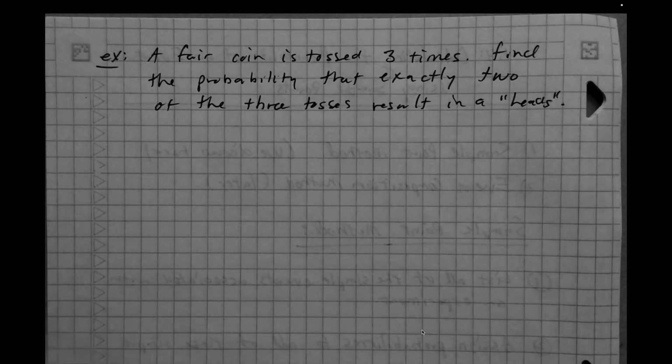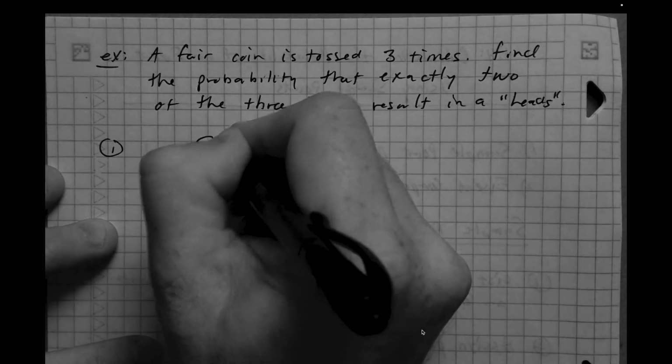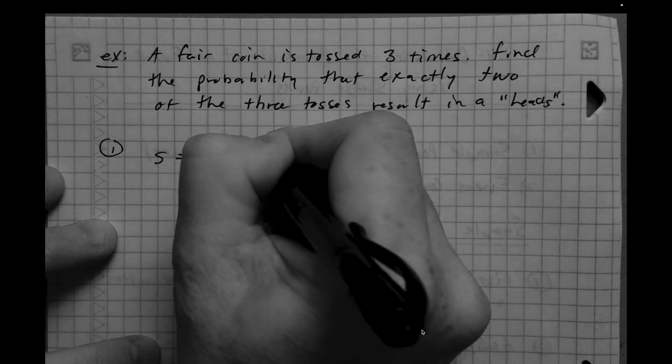Okay, so what's step 1? Step 1 is to list all of the simple events, right? So now remember, what is the experiment here? The experiment isn't tossing a coin, it's tossing a coin 3 times, right? So the sample space is going to consist of things like this, HHH.